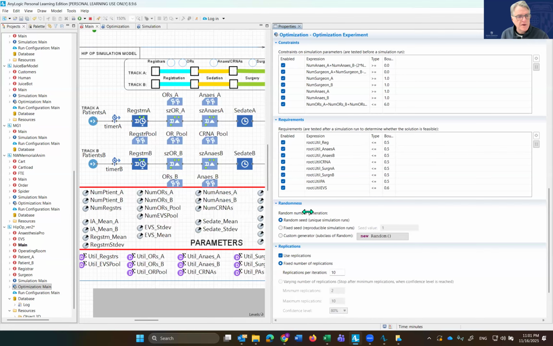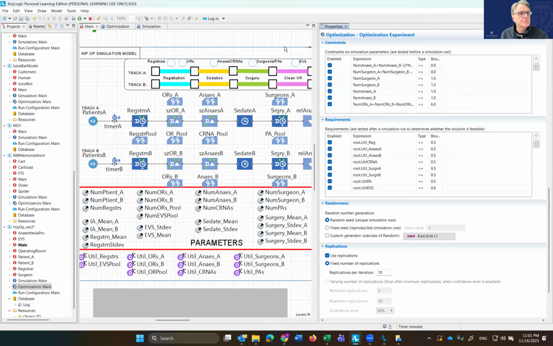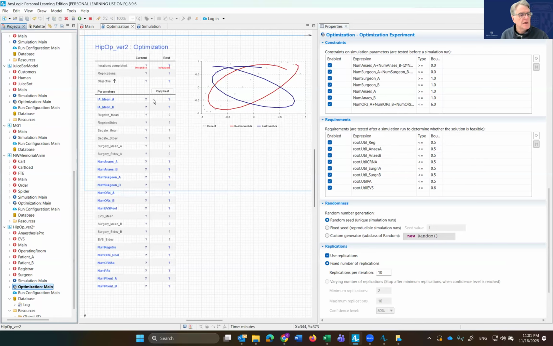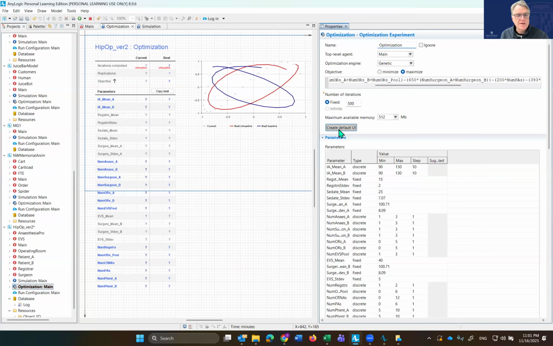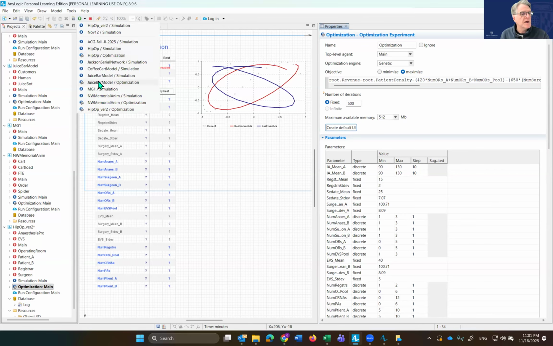So let's go ahead and run this thing. I want to just get to the optimization. So when you change anything here, you do need to create default UI. Okay. And then we're going to run it. We don't run the simulation, we run the optimization.